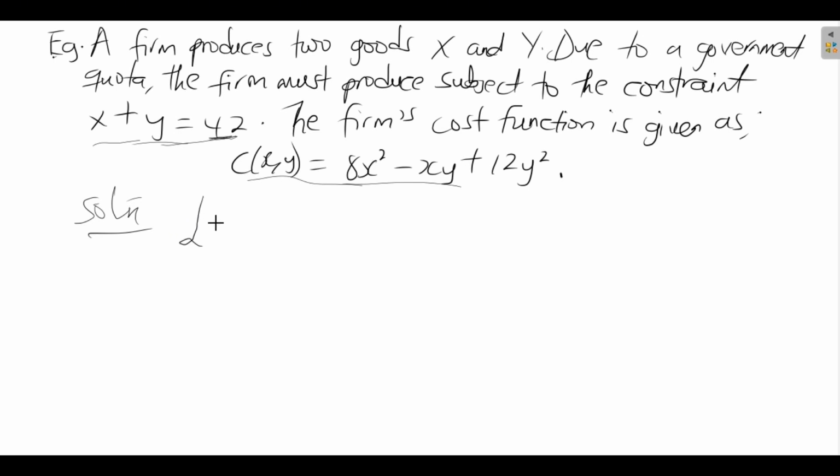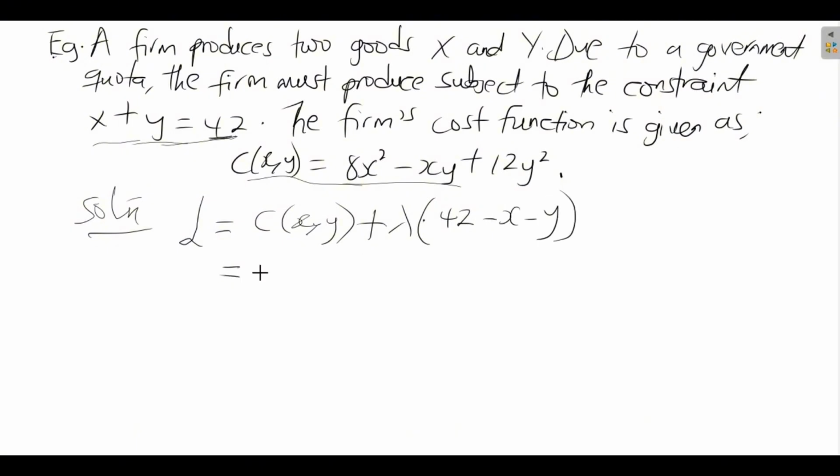I told you that the Lagrangian equation is basically the cost function, c of x, y, plus some lambda, then we bring in the budget constraint, which will be 42 minus x minus y.